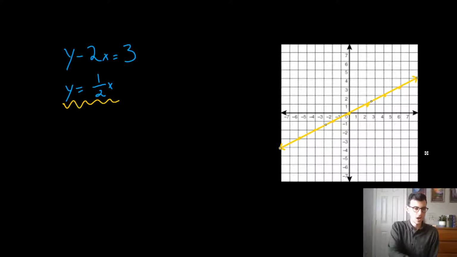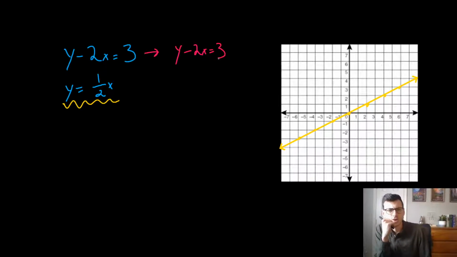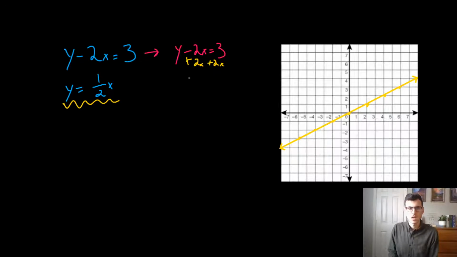But what about this, y minus 2x equals 3? Well, I have to get this into slope-intercept form in order to be able to graph it. In order to do that, if we have y minus 2x equals 3, what could I do to my equation to get that into slope-intercept form? If I add 2x to both sides, then I'm left with y equals 2x plus 3.